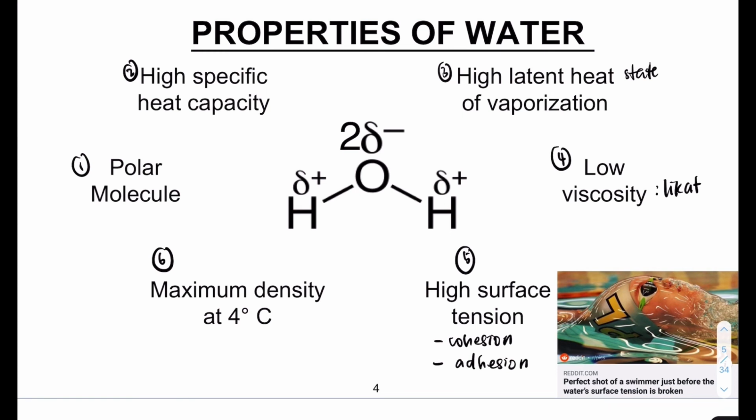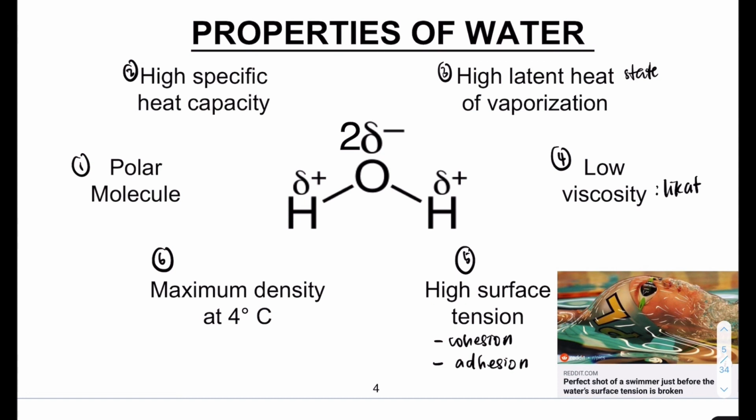Solid state, ice usually is around 0 degree Celsius lah. Sebab itu bila kita tengok, ice dia akan floats on water, dia akan terapung di atas air. Sebab the maximum density of water is at 4 degree Celsius, which is liquid water. Okay, so itu adalah properties of water.